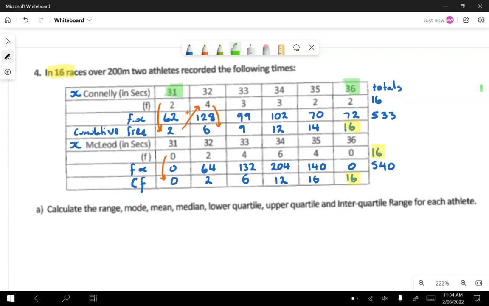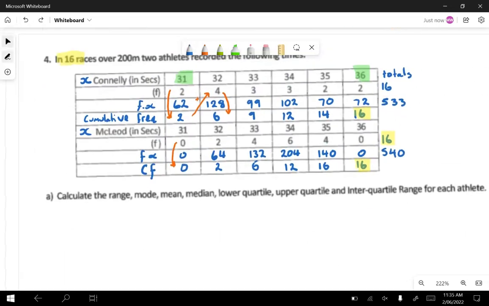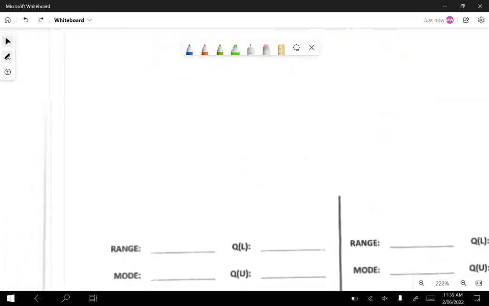So he's going to have a range of 36 minus 31. His largest number minus his smallest number. So that's 5 seconds. We probably don't need to fuss too much about units, but put them in just in case.